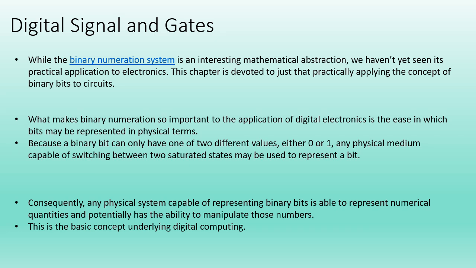Since a bit is either 0 or 1, any medium that can switch between two stable states can represent digital data. This is why binary is the foundation of digital computing.